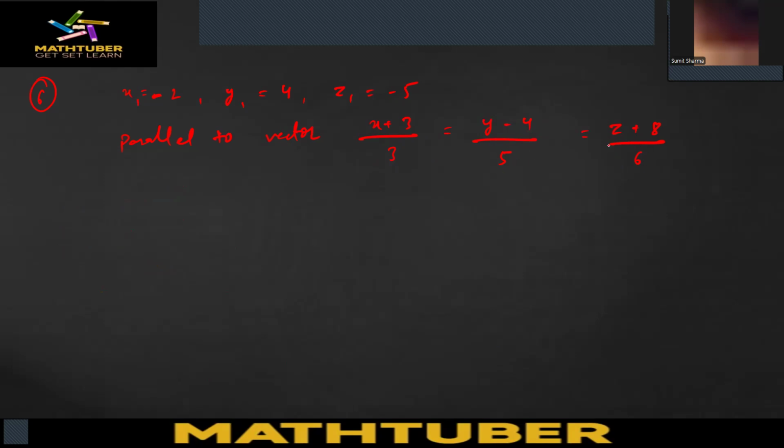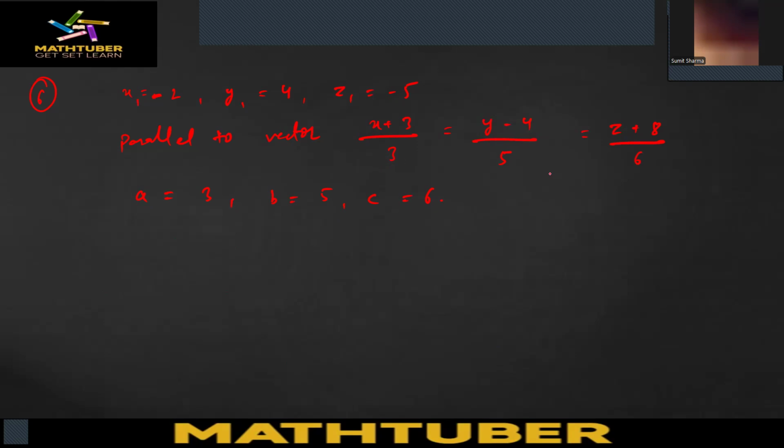So this is the parallel vector to the vector which is given to us. And also we want to find out a vector which should be parallel to this vector. So obviously we are going to use a, b, c as 3, 5 and 6, right?